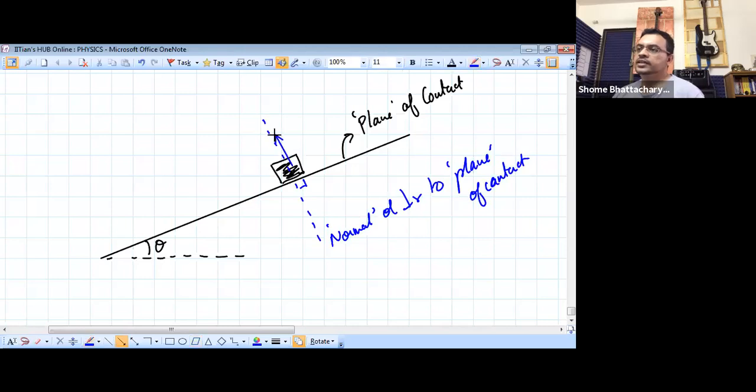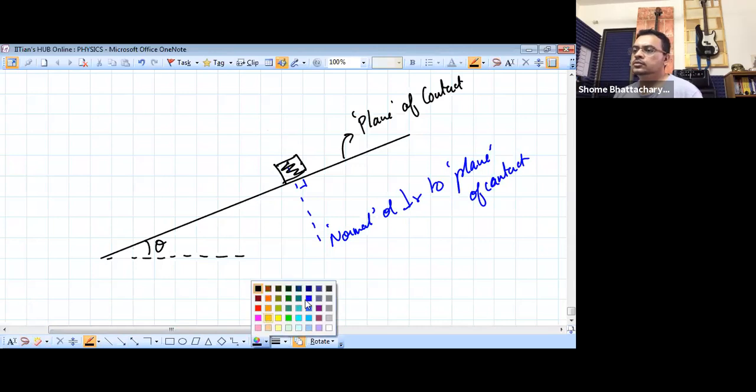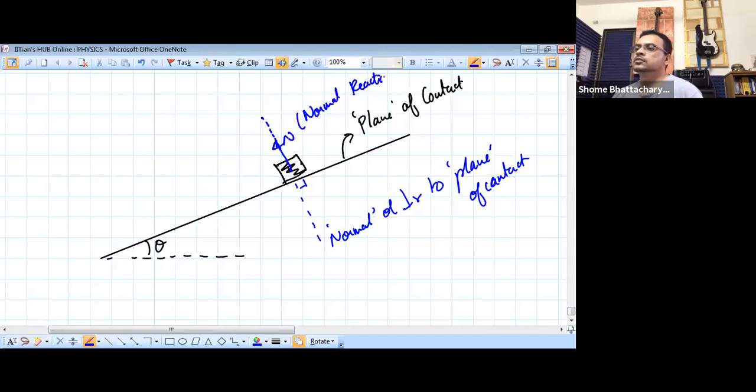It will have to act along this direction. This is the normal reaction force.